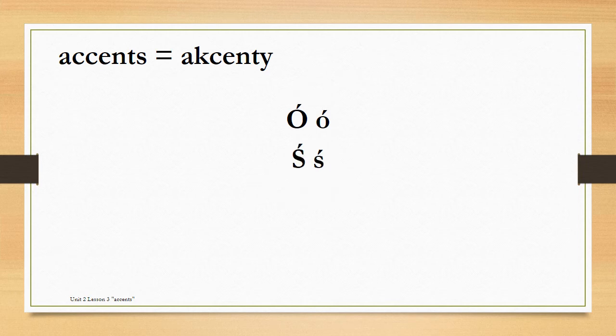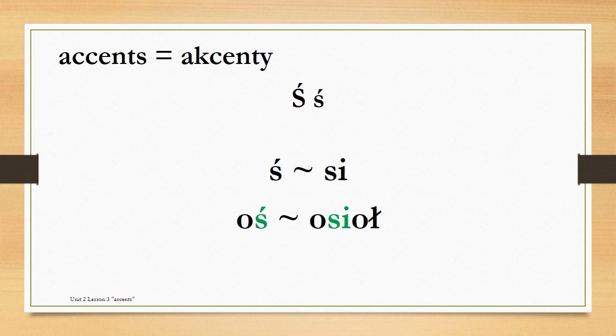Alright, now let's go to ś. Ś in spelling, and the sound is sh. So sh again might be replaced by the combination of s and i, si, and here's how it sounds in pronunciation.